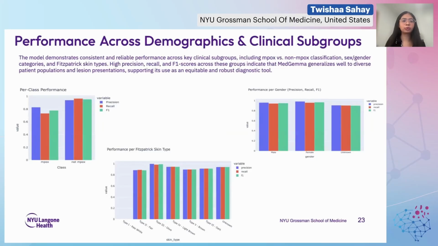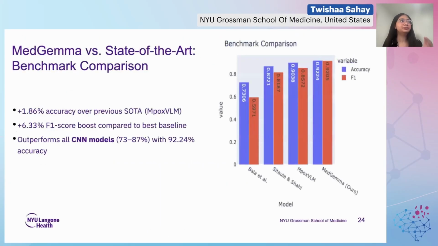Over here, we're comparing per-class performance between mpox and non-mpox, as well as a Fitzpatrick skin type comparison for each type, and for each gender, to understand if there's any underlying bias, which we see that there's not, and MedGemma has been able to generalize and perform well on each subgroup, demographic and anatomical.